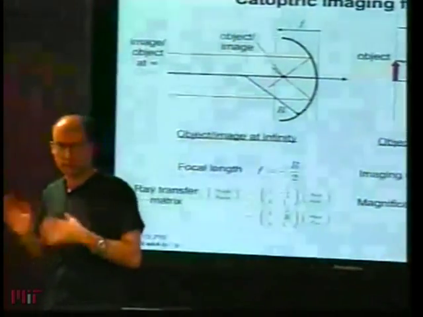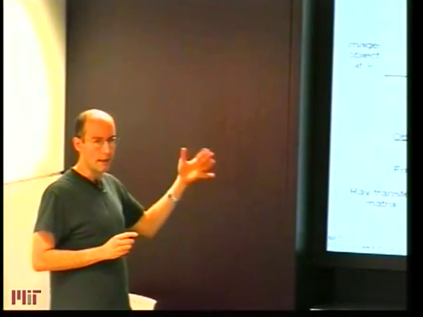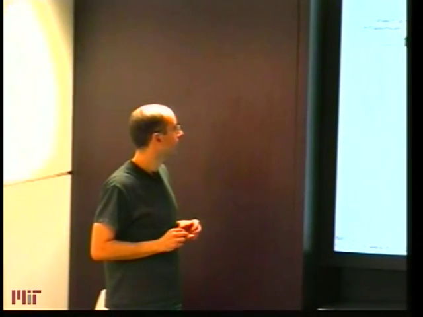So it can get a little bit tricky to keep track of all of these flippings. But we don't have to worry about that at this introductory level. Okay. So let me move on to the next topic, which is a few examples of optical systems.